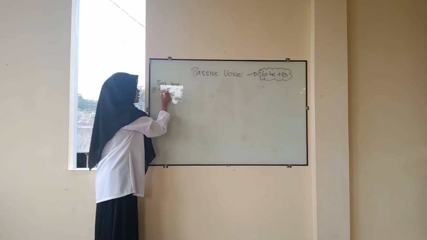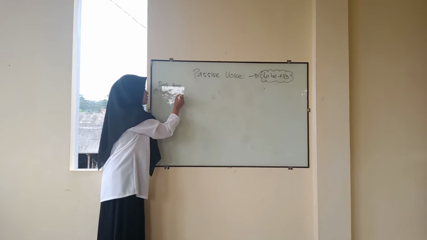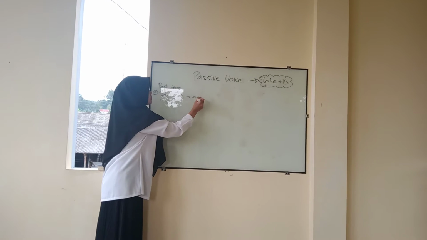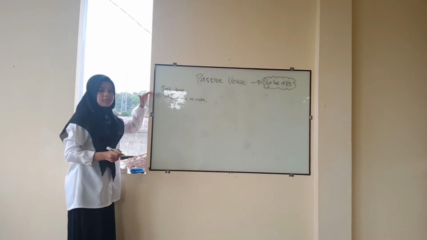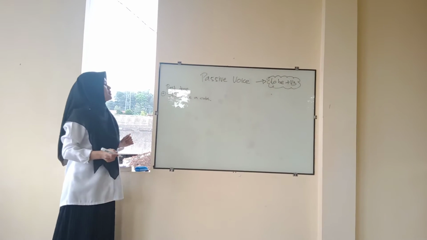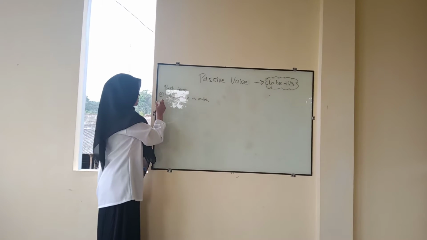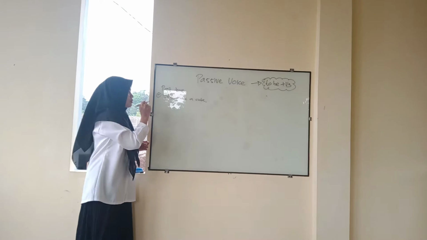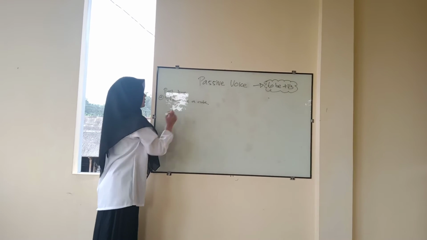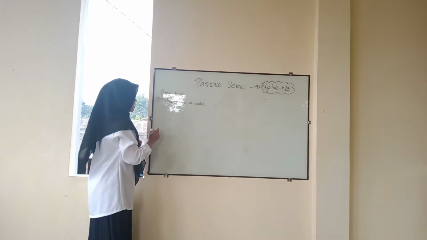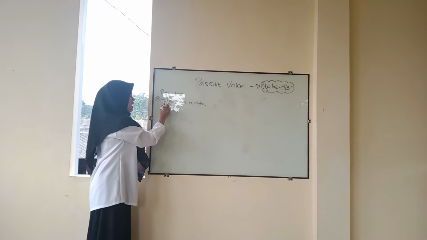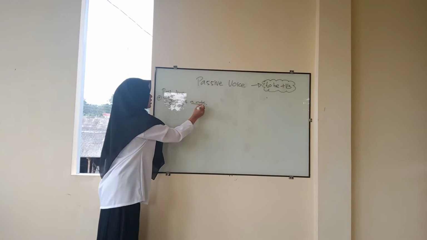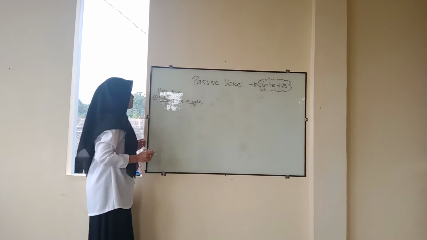She made a cake. This is simple past tense. So let's change it to passive voice. What is the first step? Let's analyze. She is the subject, of course. Made, predicate, and a cake as the object.